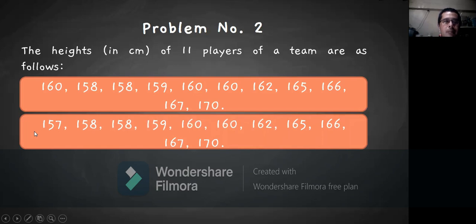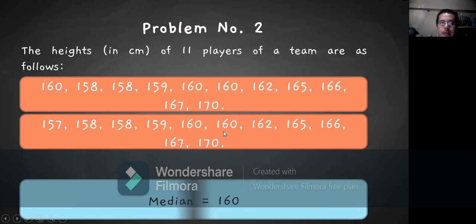The arrangement will be 157, 158, 158, 159, 160, 160, 162, 165, 166, 167, and 170. That's 11 players, so we just need to get the 6th score, which is 160.